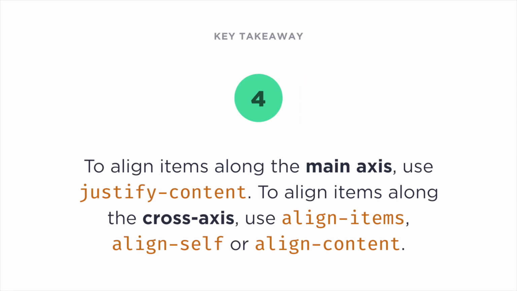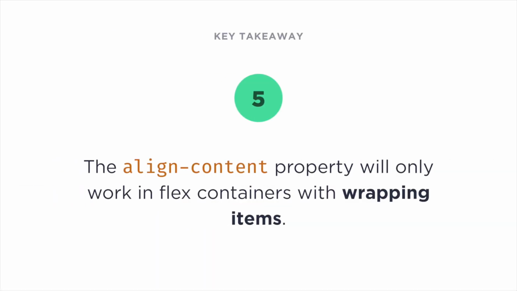Number 4, to align items along the main axis, use the justify content property. To align items along the cross axis, use any of the following 3 properties: align items, align self, and align content. Finally, number 5, the align content property will only work in flex containers with wrapping items.